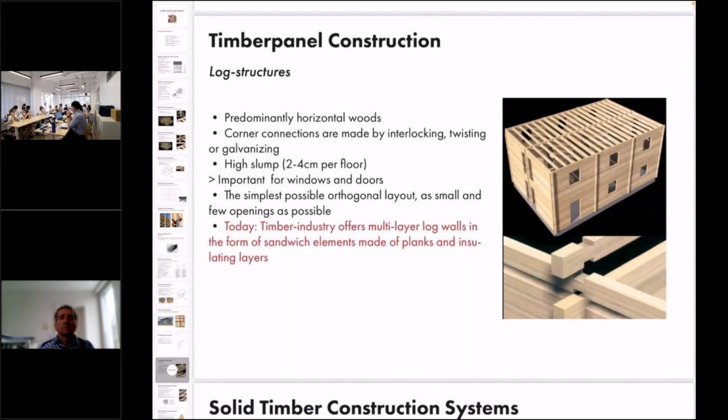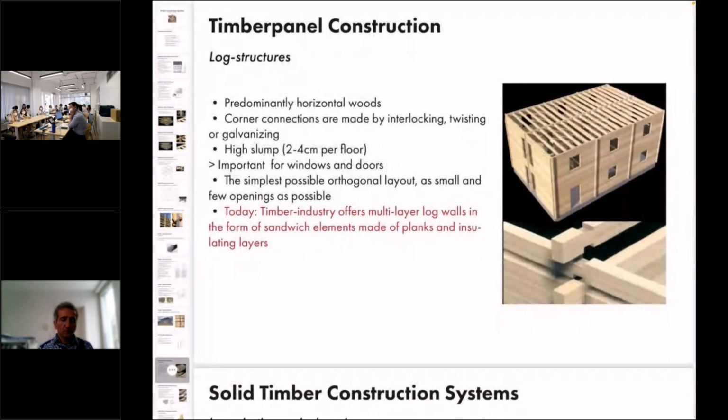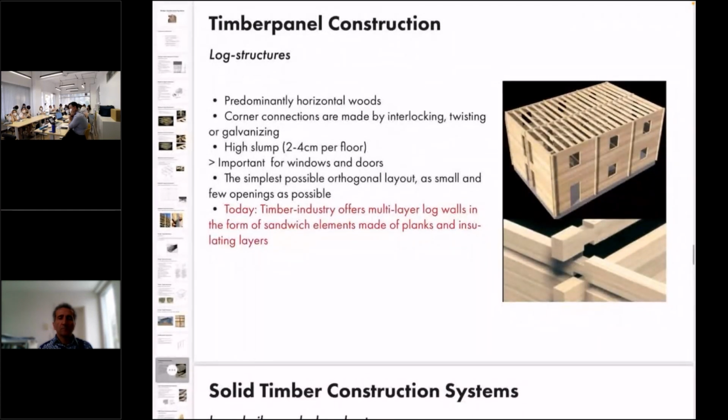And the negative side is that you cannot have so much openings, and due to the characteristics of the wood and the loads, there is a movement after the construction from 2 to 4 centimeters per floor. So it's a lot of movement, and you have to consider that to have flexibility for the openings, like windows, so that they don't break.